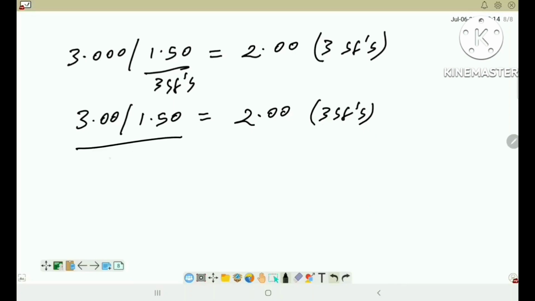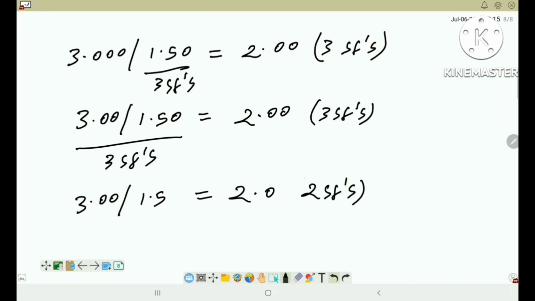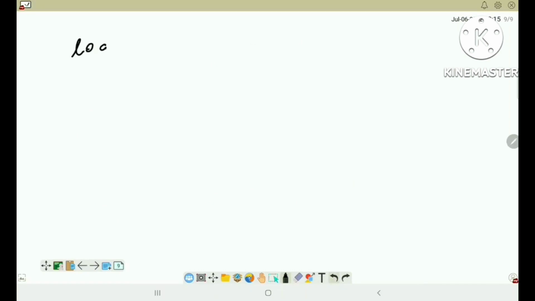In the second case, 3.00 divided by 1.50, the answer should be 2.00. In the third case, 3.00 by 1.5, the answer should be 2.0, where 2 and 0 are significant.